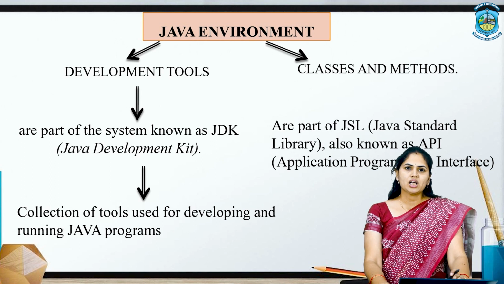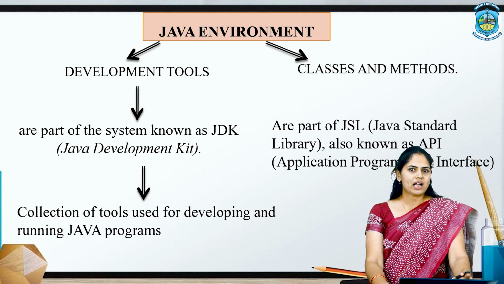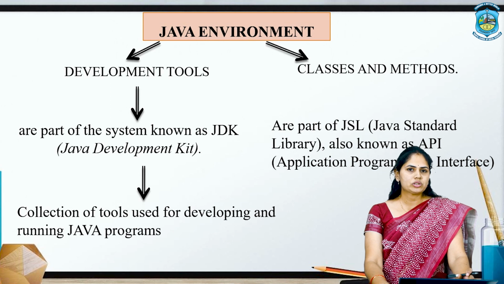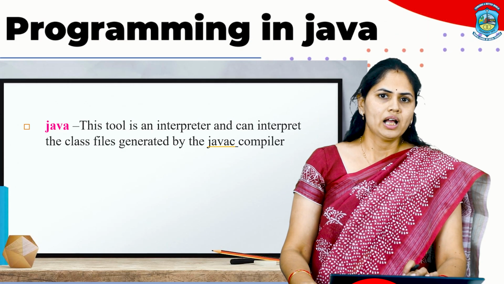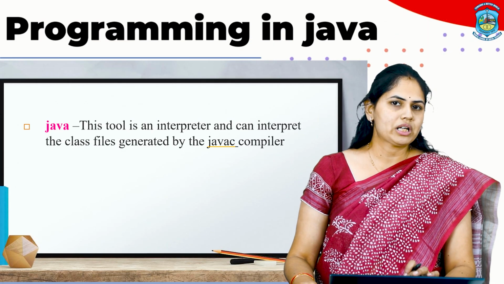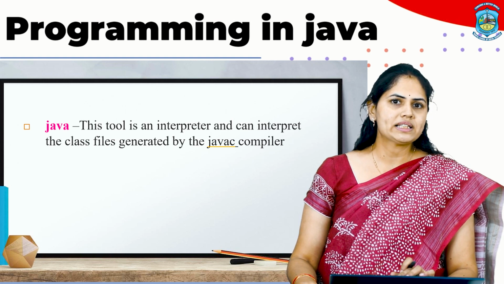The Java environment also contains classes and methods. These are part of the Java Standard Library, also known as the API, Application Programming Interface. Java tools also contain Java and Javac. Now what are those?